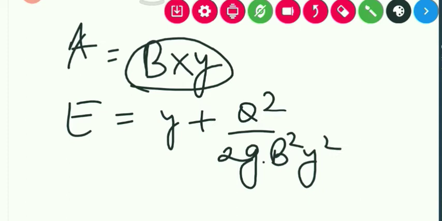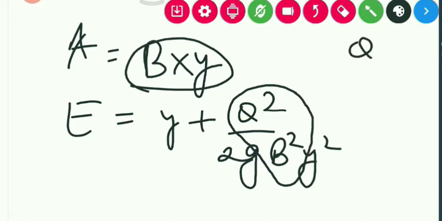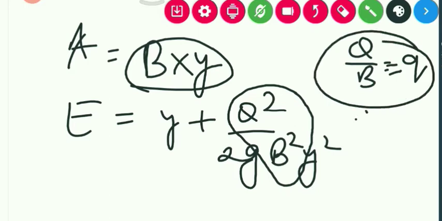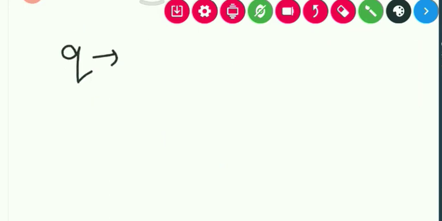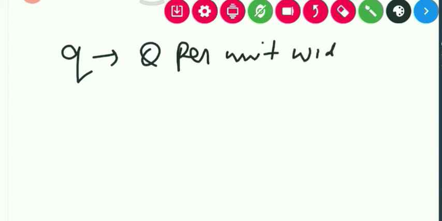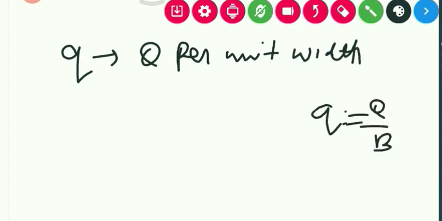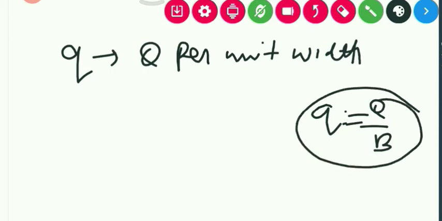There is another term to be introduced, which is Q by b, abbreviated as q. This q is discharge per unit width. So q equals Q by b.